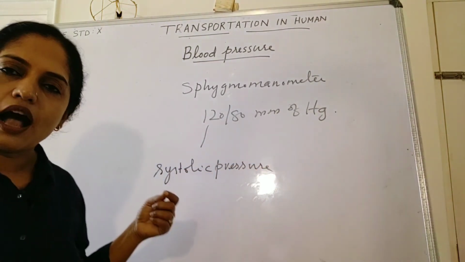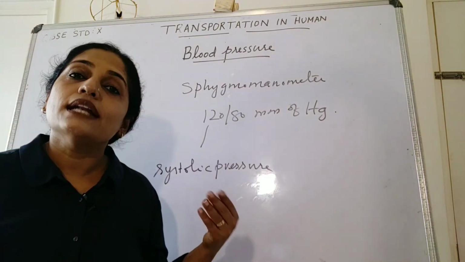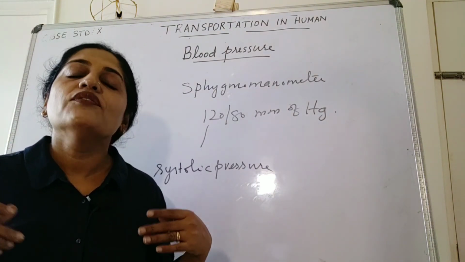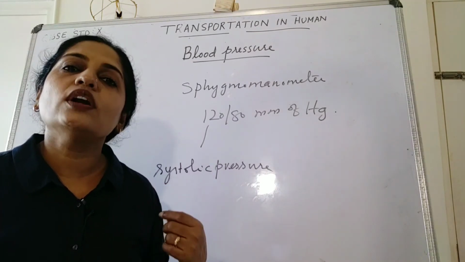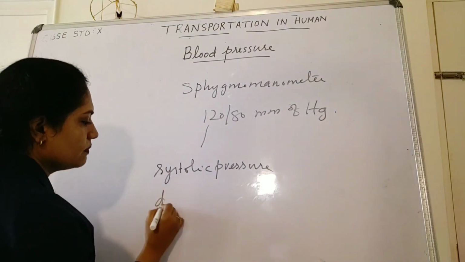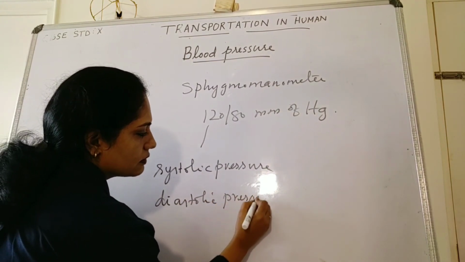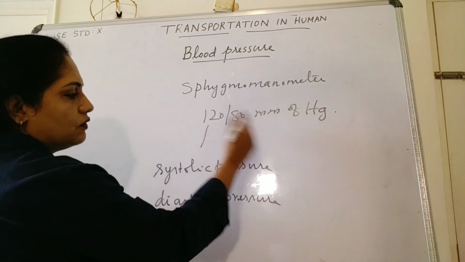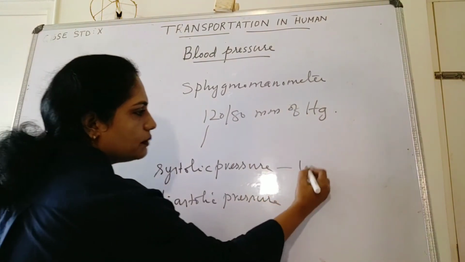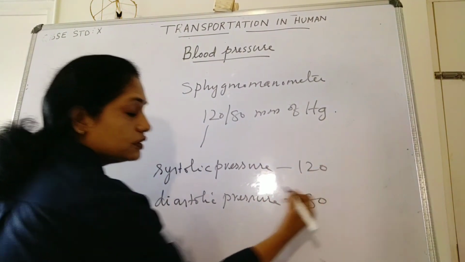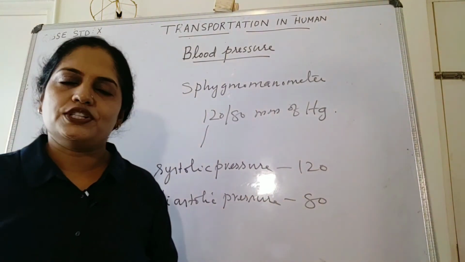The pressure in the artery during the relaxation of the ventricle or ventricular diastole is called diastolic pressure. So here 120 is the systolic pressure and 80 mm of mercury is the diastolic pressure.